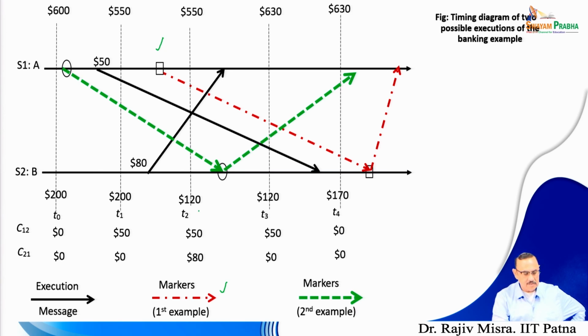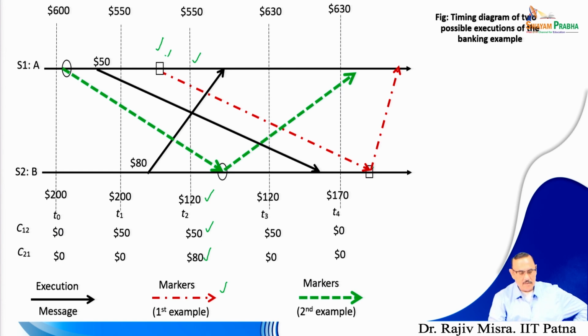What is the state at this point? Let us say A is 550 at this point of time, and then the state of the channel here is 50, and on the other side it is 80.